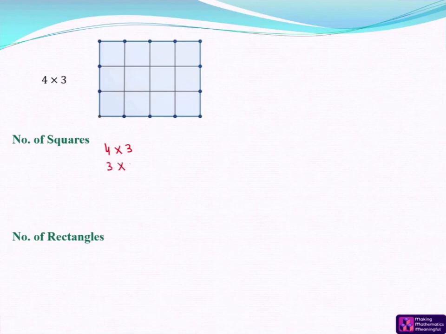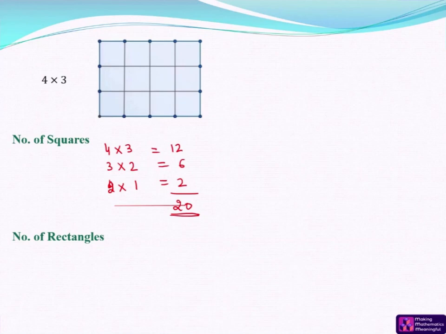So this is 3 cross 2, then this is 2 cross 1. So this is 12 plus 6, and then plus 2, which totals 20 as your required number of squares.